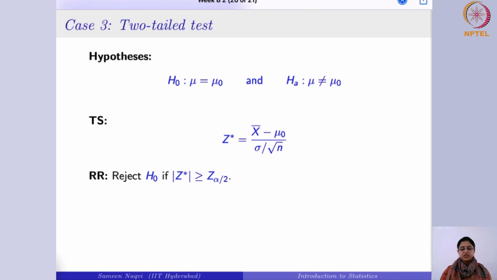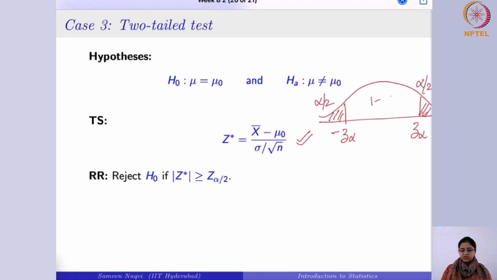Now you would reject the null hypothesis if the test statistic you have calculated is greater than or equal to z alpha by 2. Because it is two-tailed, it will have these two regions, and the total alpha, that is the rejection region, would be divided into alpha by 2 on each side because it is symmetric, and in between would be 1 minus alpha.